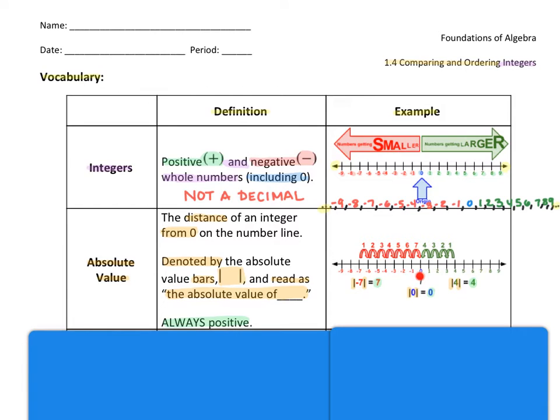0 is 0 distance from 0. So the absolute value of 0 is equal to 0. We didn't have to move any to get from 0 to 0. The absolute value of 4 would be the distance from 4 to 0 on our number line. So we'll start at 4 and then we'll count 1, 2, 3, 4, and we see the absolute value of 4 is equal to 4.